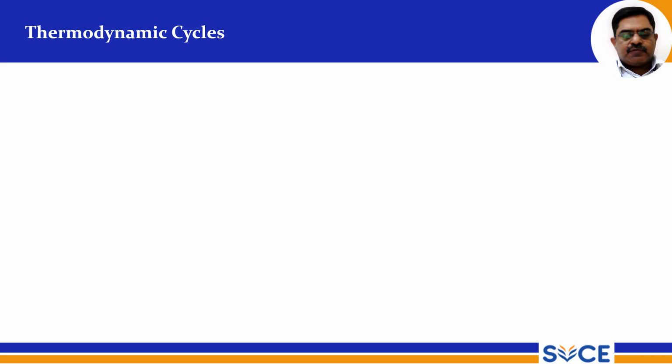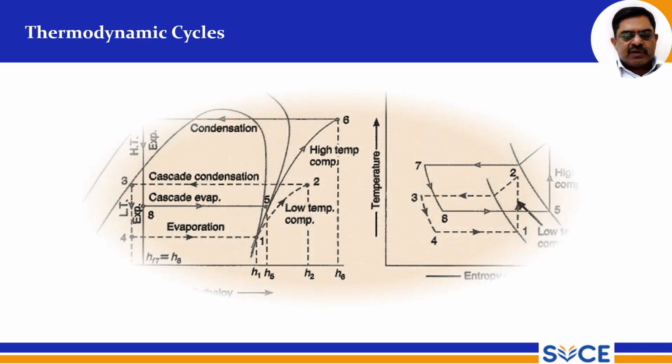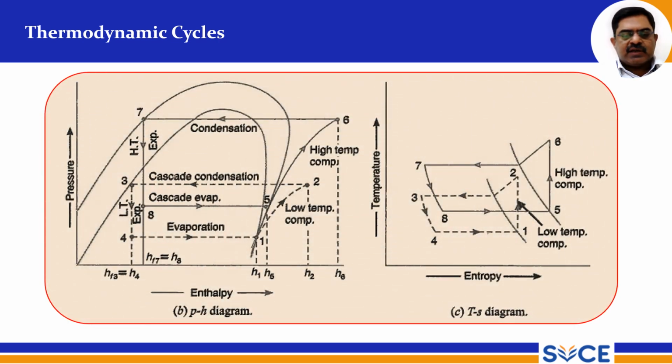For the thermodynamic cycle, it is the same as our vapor compression refrigeration system, but here the difference is due to the cascaded condenser. Now this is the pressure enthalpy chart, and here it starts and goes up to 6, with stages in between.